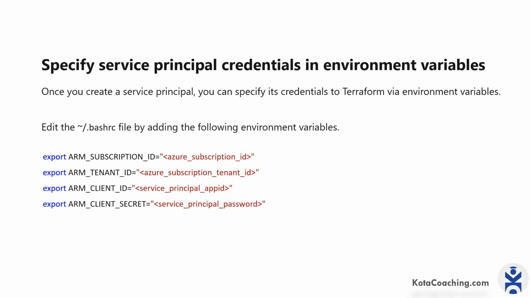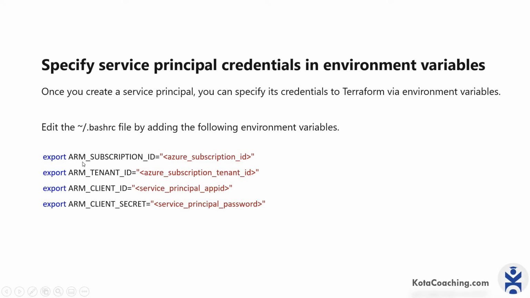In the next step, specify the service principal credentials in environment variables. Why are we doing this? Because these environment variable values will be used by Terraform during the authentication process. These environment variables will be added inside the bashrc file under your Azure account.